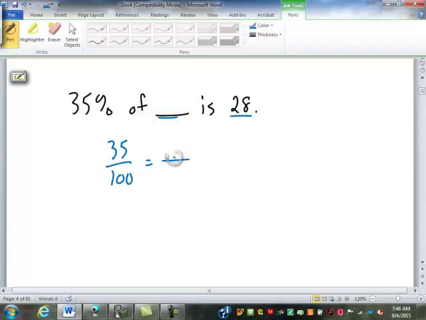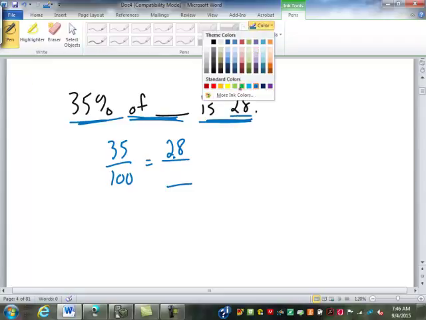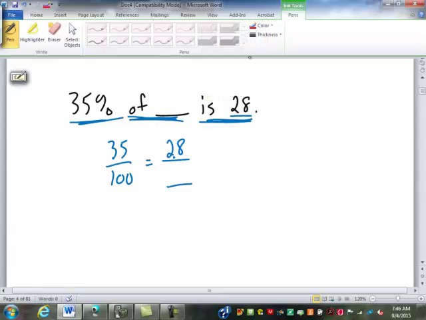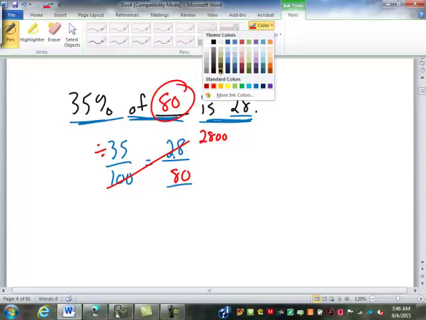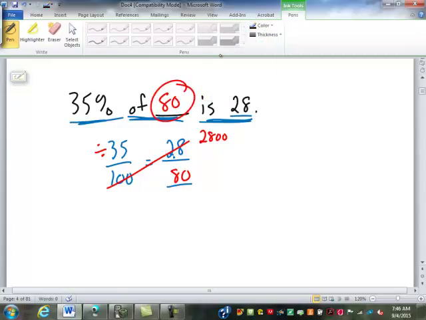Which one goes on top? 28. 35% is 28. Out of blank means the blank goes on bottom. Cross multiply and divide. 100 times 28 is 2800. Divided by 35 is 80. 35% of 80 is 28.